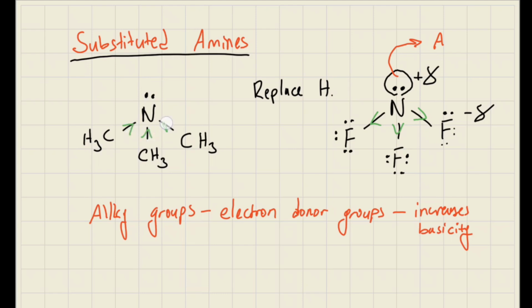It is the opposite way of the fluorine. In this case, the electron density of the nitrogen increases. And when the electron density of the nitrogen increases, this part becomes more partially negative, and it attacks acids easily. So it can donate its electrons.